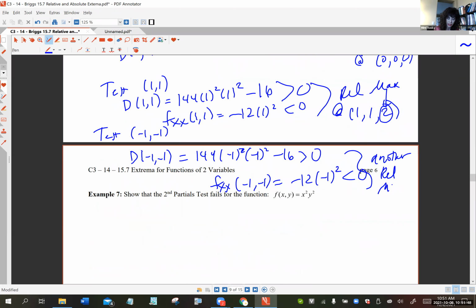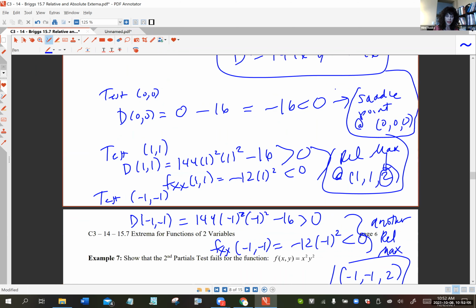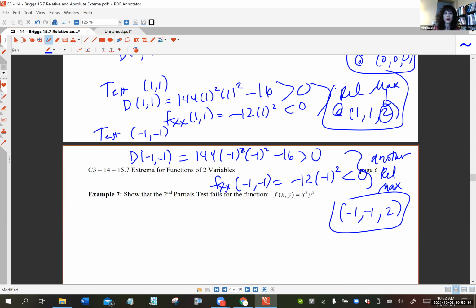There's no limit on how many extrema you can have, maximums or minimums. So your other relative max is located at -1, -1. It also has a z coordinate of 2. That doesn't always happen, but it could. So we have 3 key items of interest for this problem. We had a saddle point and 2 relative maximums. And that concludes that example.